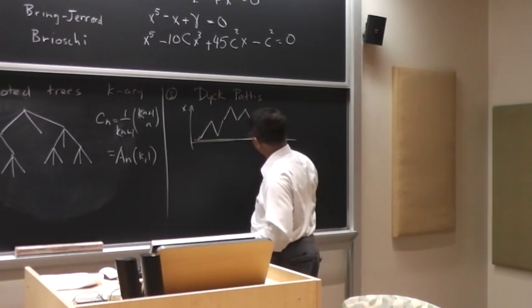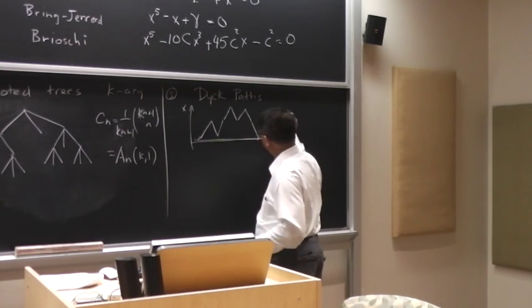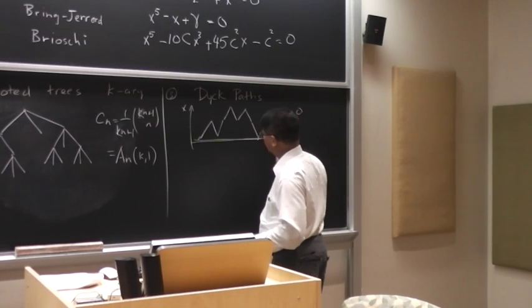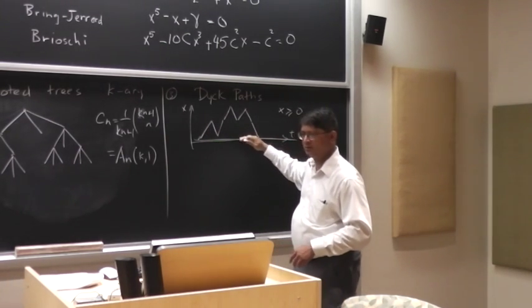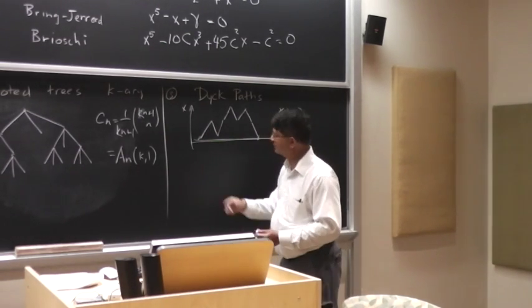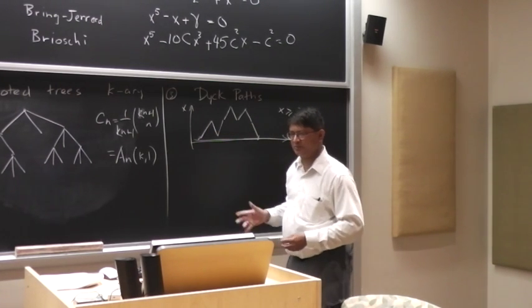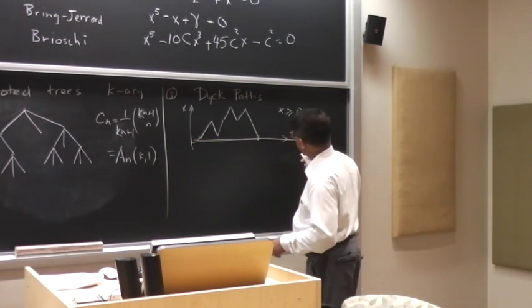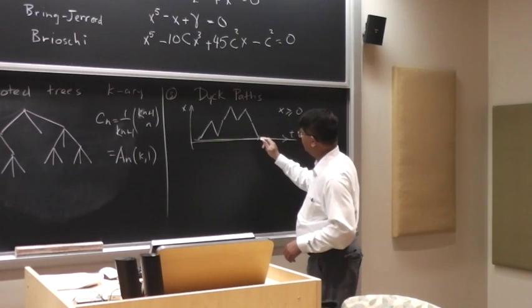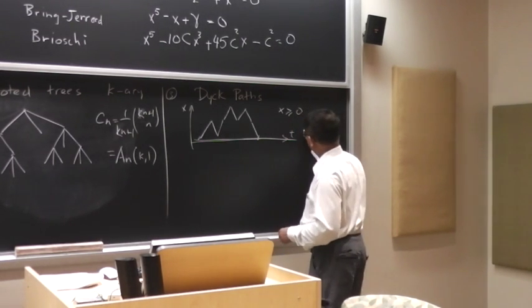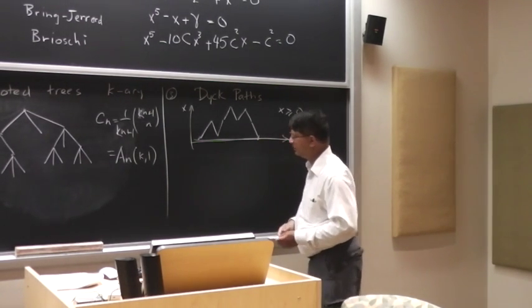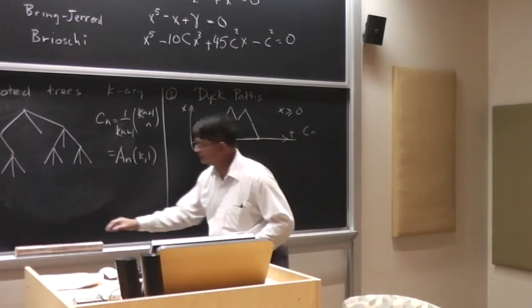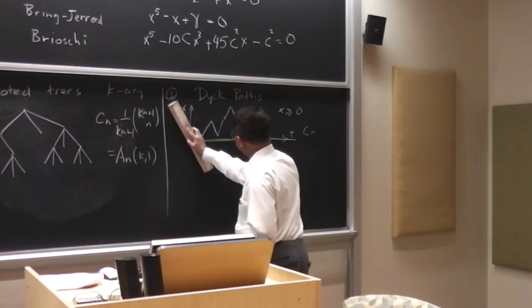Let's call this x and let's call this time t. It cannot go below this line. Now it's obvious that the number of up steps and the number of down steps must be equal. Suppose there are n steps, then the number of Dyck paths of length 2n is again equal to C_n. That's a Catalan number.